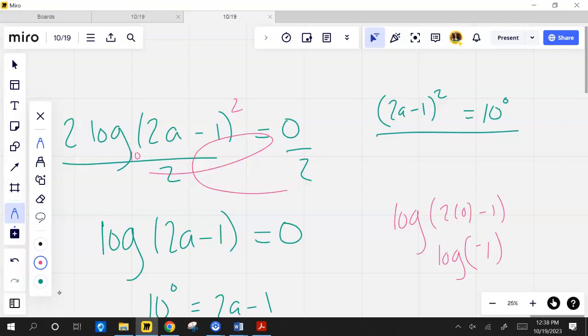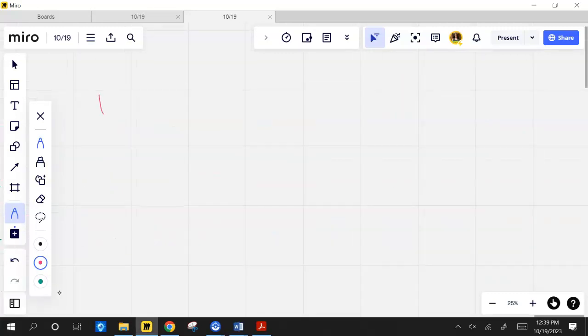But regardless, if you plug a 0 in here, this log will have a negative in it. It will be taking the log of a negative number. You can't, it won't let you do that. It'd be extraneous. Yes, 14.